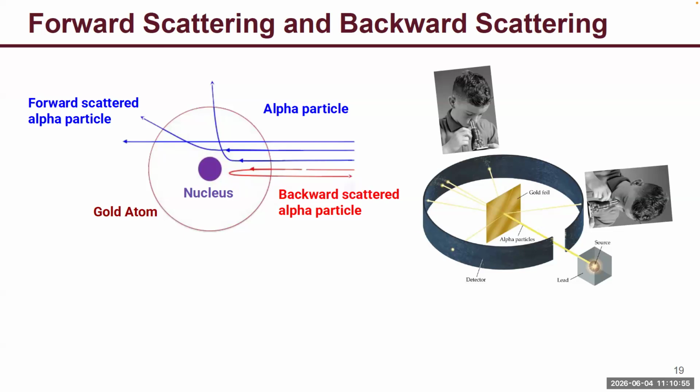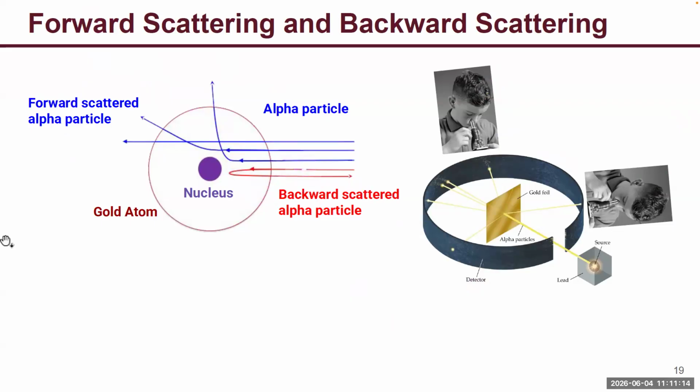It was Geiger and a few others who, despite their supervisor saying, hey, don't waste time on these regions, concentrate on forward, said, let's rotate the scopes to the back and see what happens.